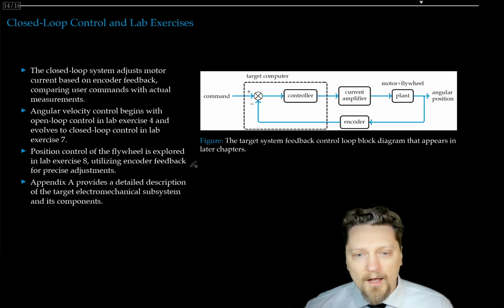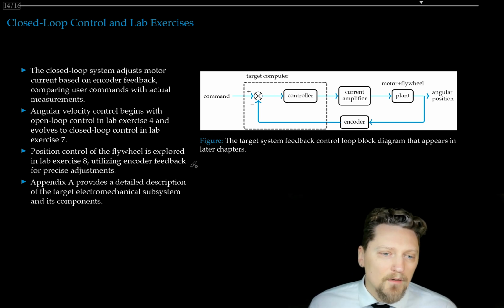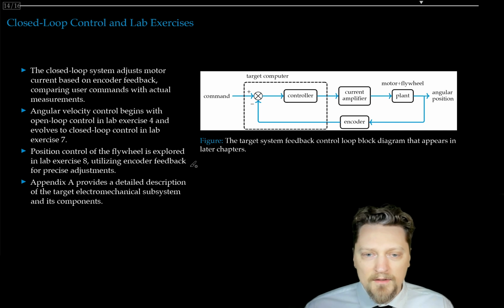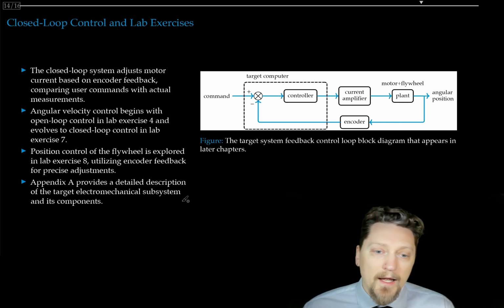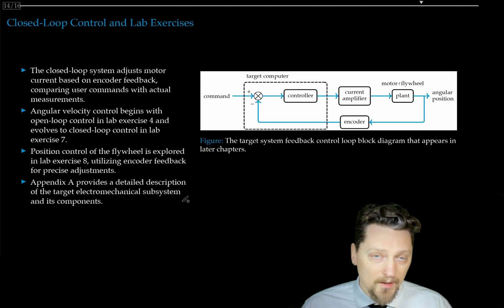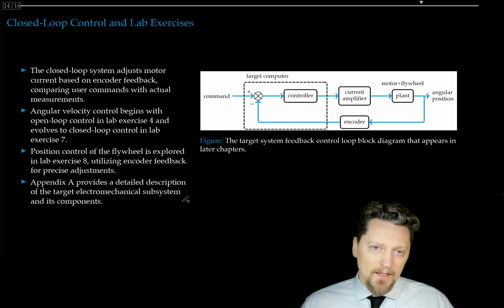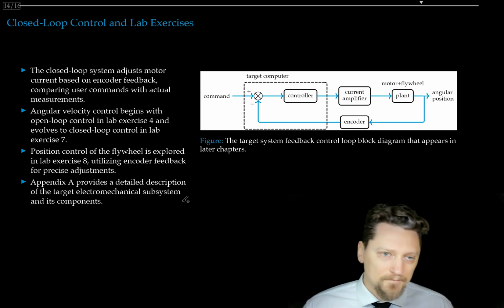Position control of the flywheel is explored in lab exercise 8, utilizing encoder feedback for precise adjustments. Appendix A in the book provides a detailed description of the target electromechanical subsystem and its components. There's also some information on the website about that and the setup of that.